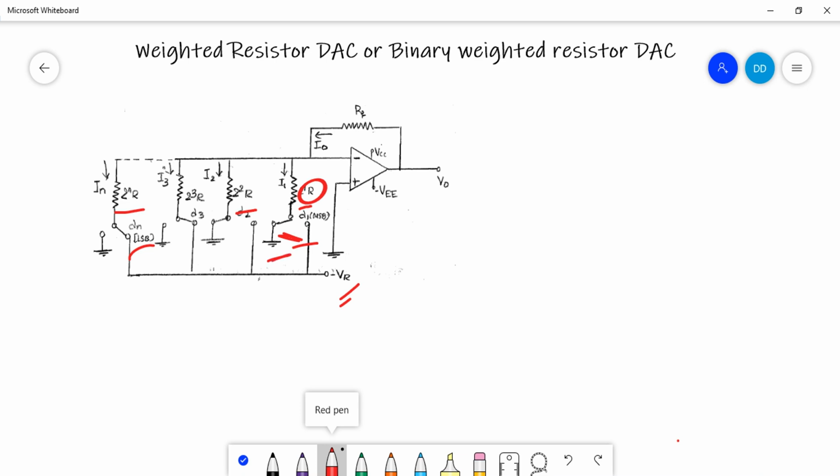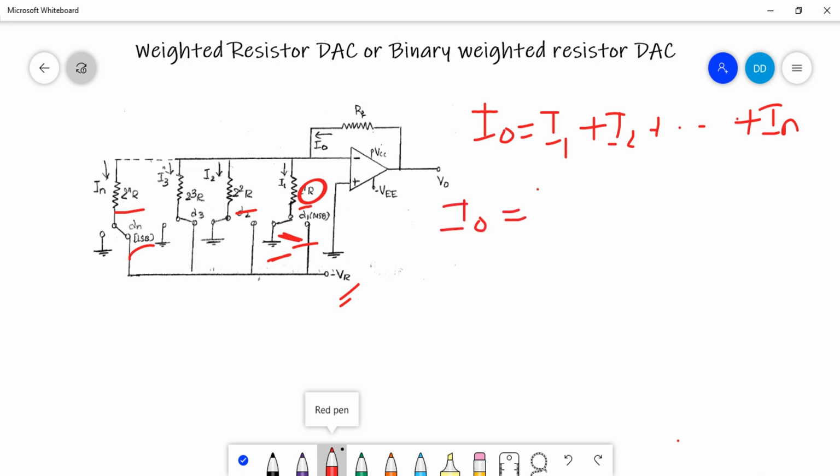The output current I0 for this circuit is given by I0 equal to I1 plus I2 up to In, wherein we can express each current in terms of the reference voltage.